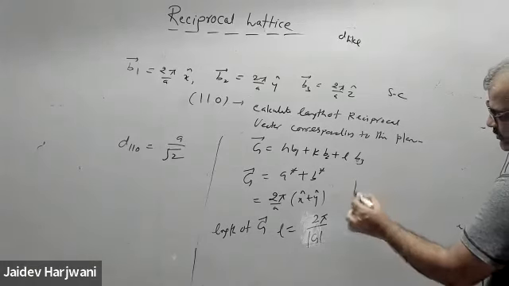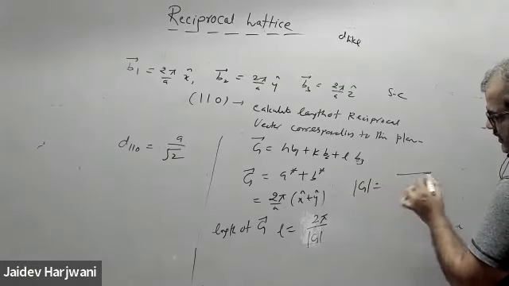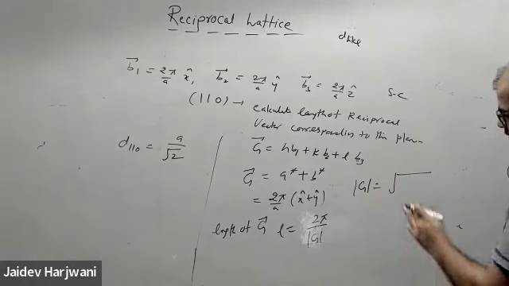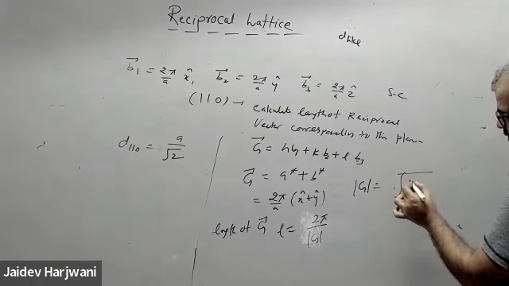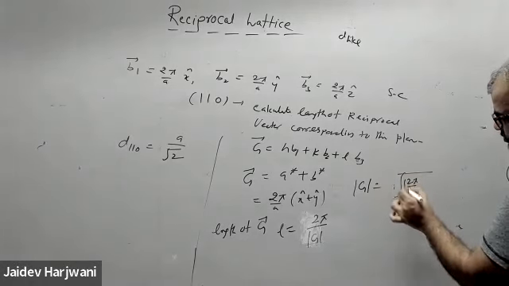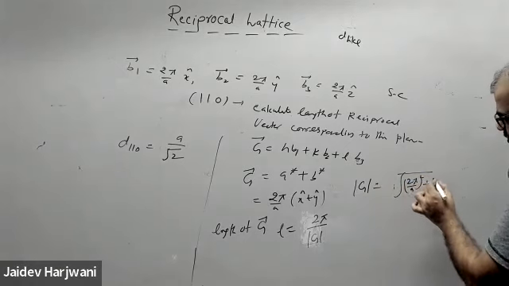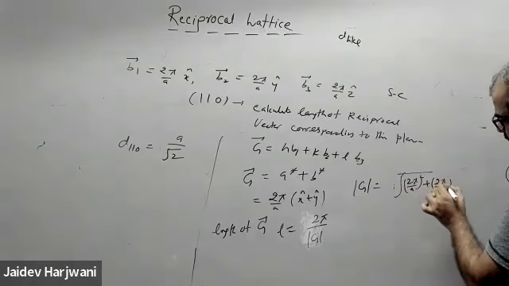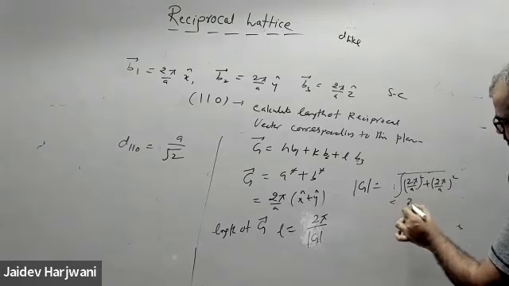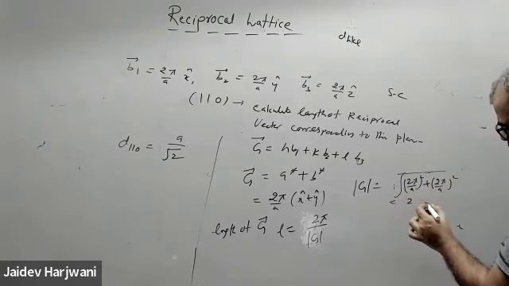Now what is the magnitude of g? Magnitude of g is under root, 2 pi by a square plus 2 pi by a square. So this will give me 2 root 2 pi by a.